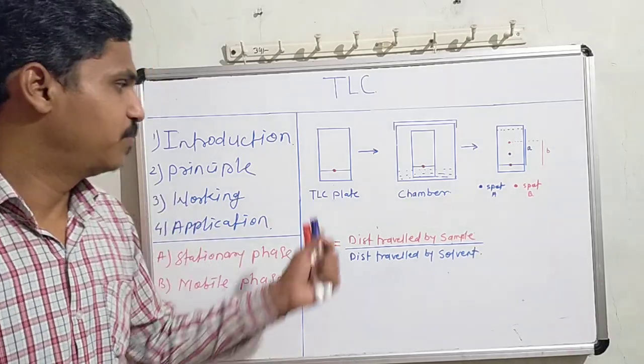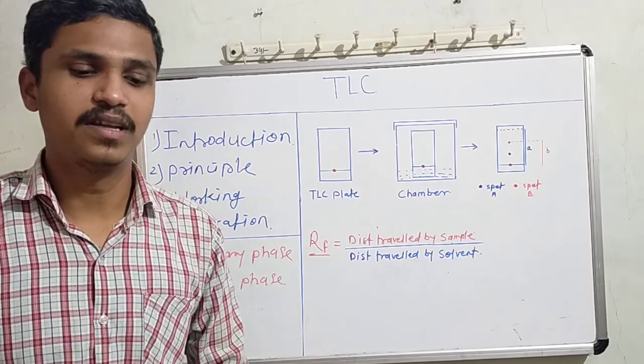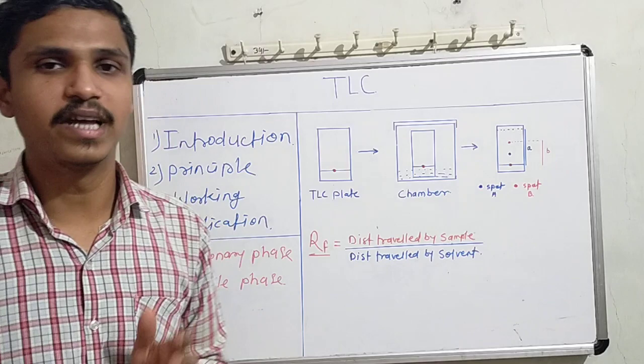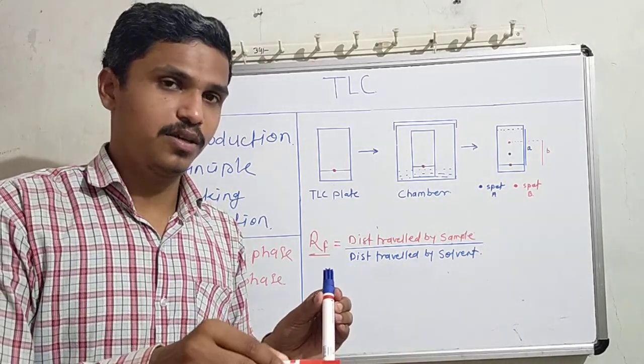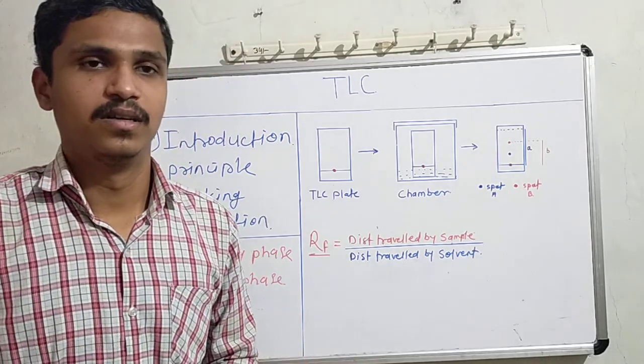But when we prepare the TLC plate in the laboratory, glass slides are required, over which a thin uniform layer of silica gel is applied.